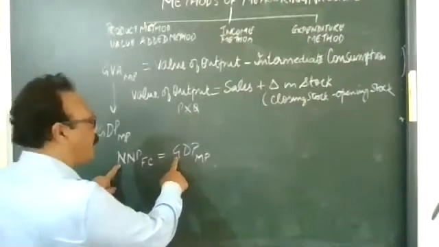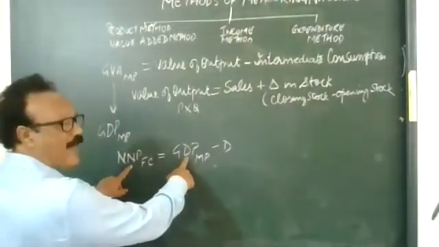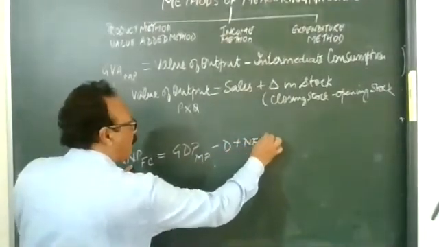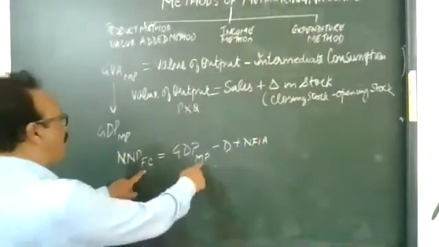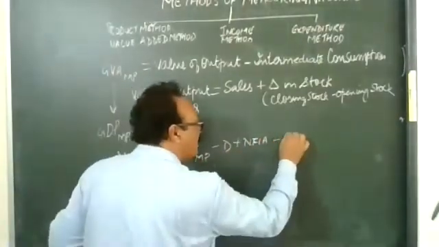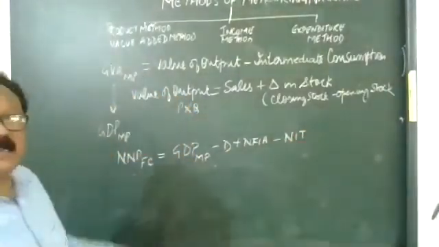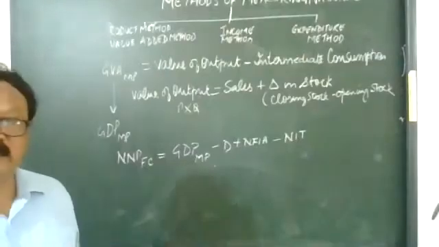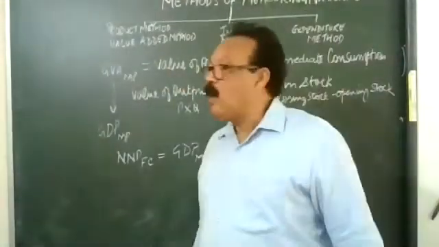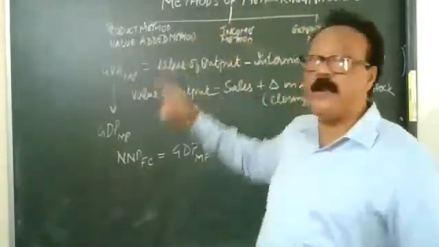Gross to net, minus depreciation; domestic to national, plus NFIA; market price to factor cost, minus NIT. This becomes the formula for calculating the national income. Very simple. So these are the simple steps I have explained of calculating the national income through the value added method.